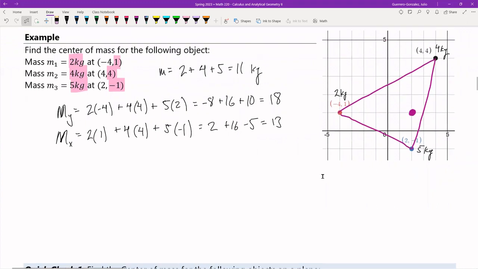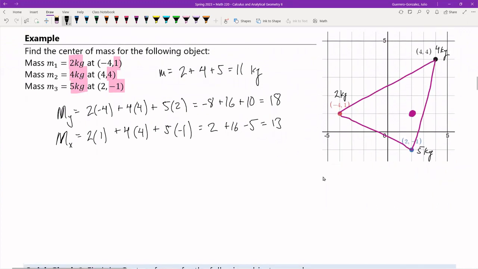Okay, so now all that's left is we need to find x bar. So x bar is going to be the moment with respect to the y-axis over the total mass. This is our 18 over 11, and if we do this, 1.6363 repeating.